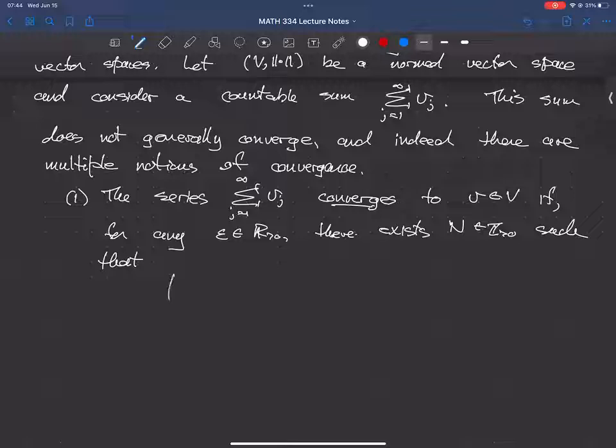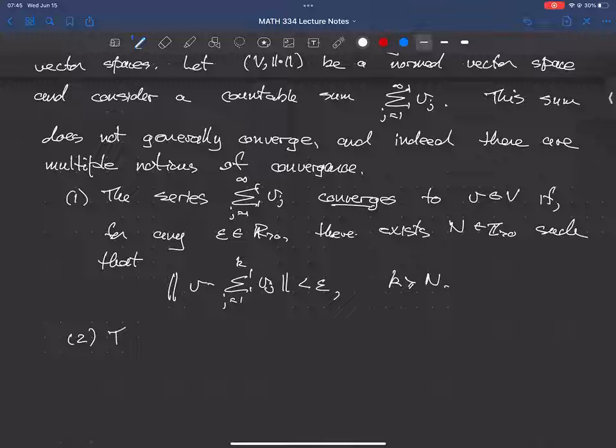Okay, so the norm of v minus the kth partial sum is less than epsilon, and this is true for any k greater than or equal to n. Okay, so this is kind of the standard notion of convergence that you inherit from a series of real numbers. Okay, and it makes sense for countable sums in normed vector spaces.